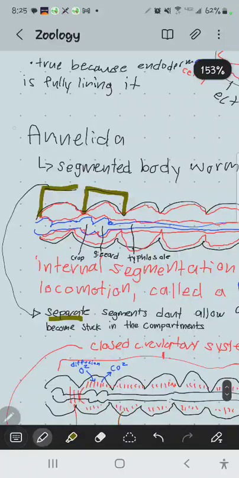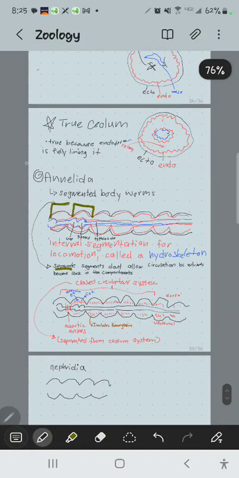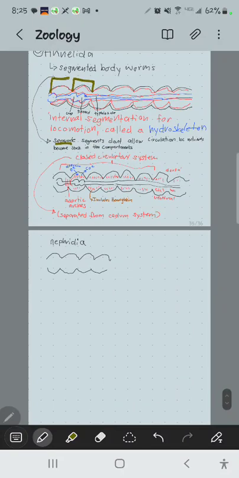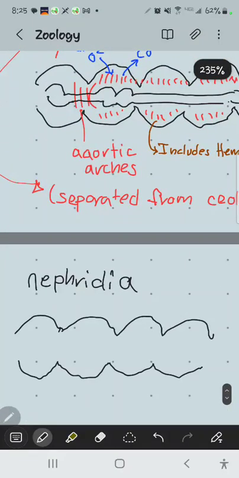Trying to think how to make this simplified. I'm just going to divide this into compartments like this. So here we have our internal compartmentalization of the body.